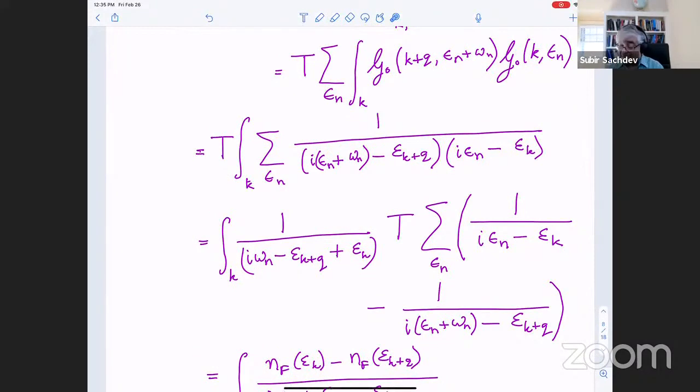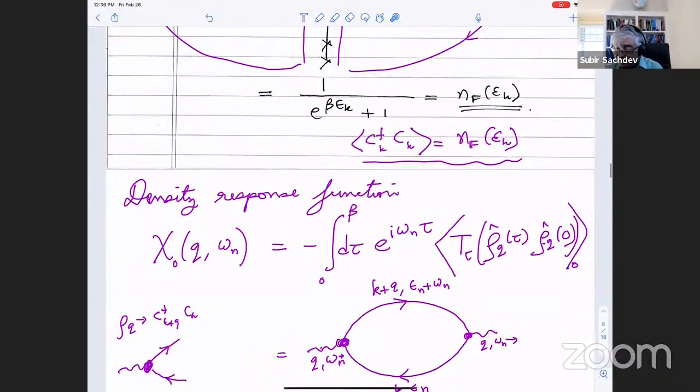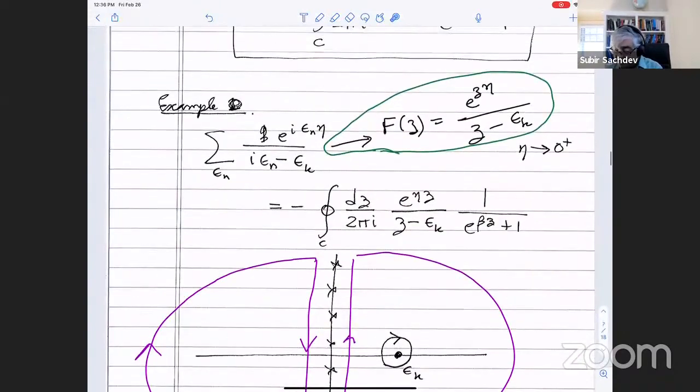But then I can control it if I want. Even though individually the result of either of these two terms will depend on how I control the divergence, when I take the difference, it should all cancel out. Anyway, if I want a convergence factor, I put in the convergence factor that I know how to deal with, exactly this, so that life is familiar.